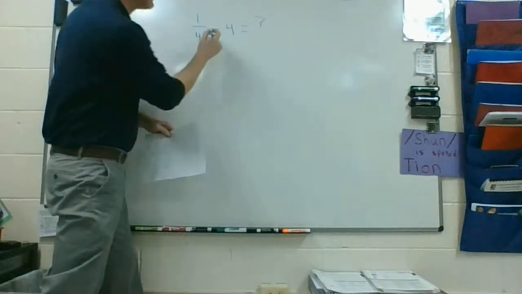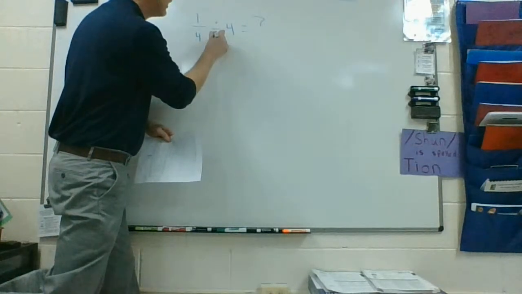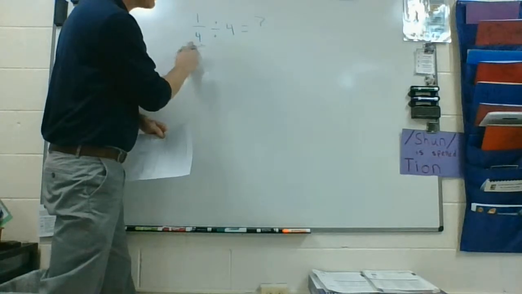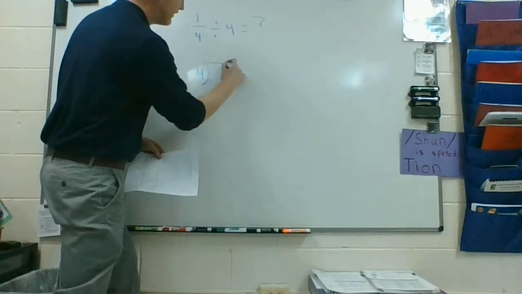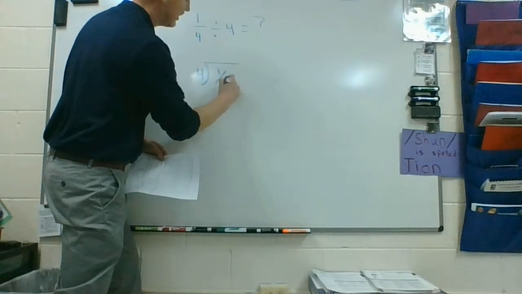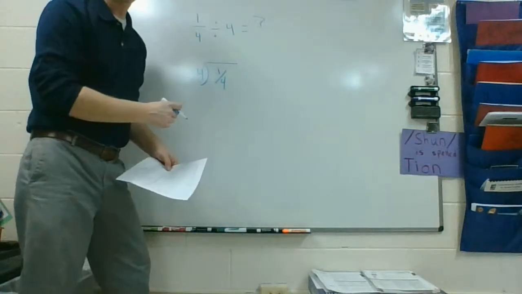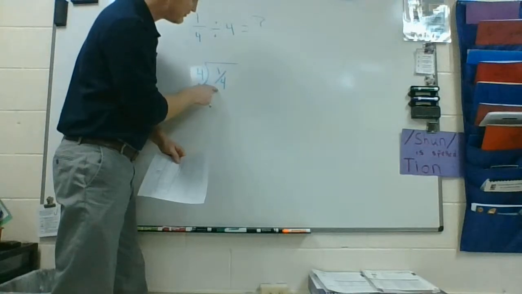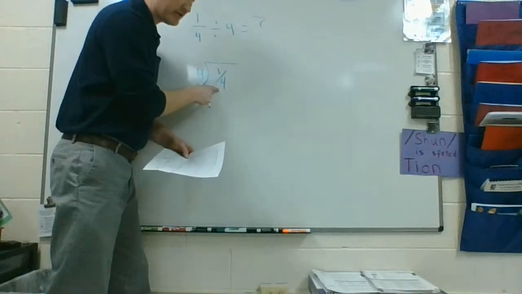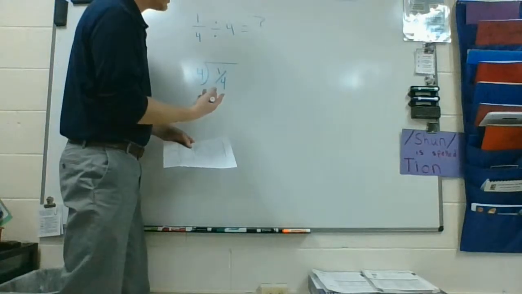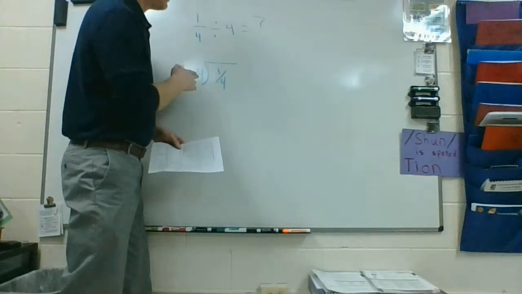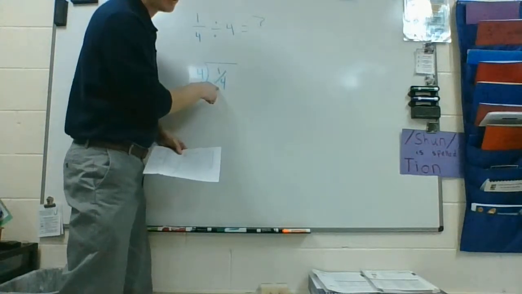So what you need to be thinking about here is 1/4 divided by 4. That means that you're taking 4 and you're dividing it into 1/4, this really small number, okay? So 4, as you know, is not going to fit into 1/4. So you're still going to have a fraction. It's still going to be like, wow, how many times does 4 go into such a small number?